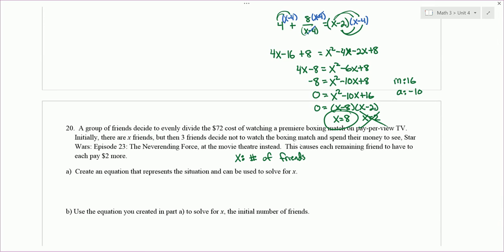So if we had x friends and you divided that $72 up between everybody, each would pay $72 divided by x. So this represents the cost initially, or the cost with x friends.